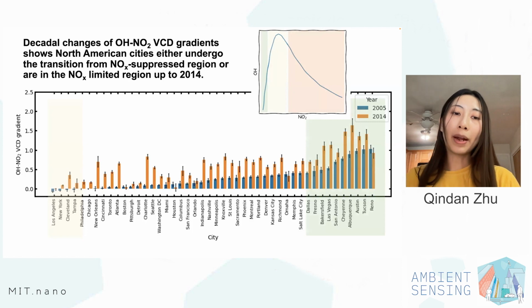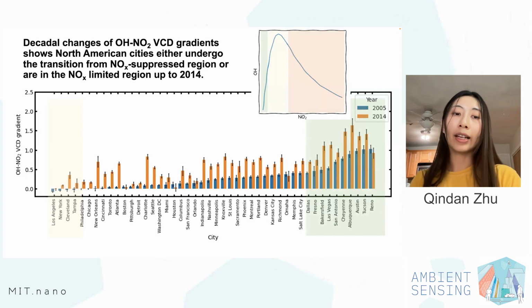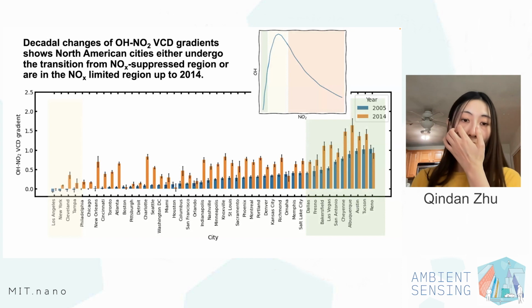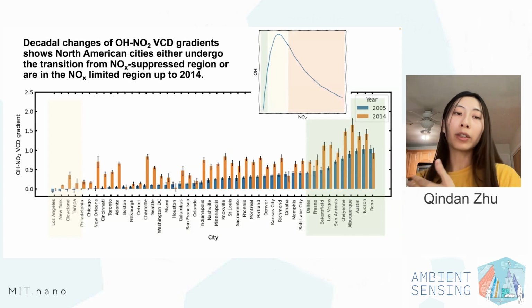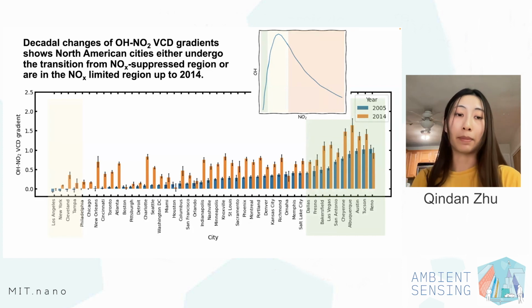The cities on the rightmost still show a positive gradient, but it's larger than it was in 2005, indicating that they were in the NOx limited regime, which also complies with the behavior under further reduction of NOx emission.